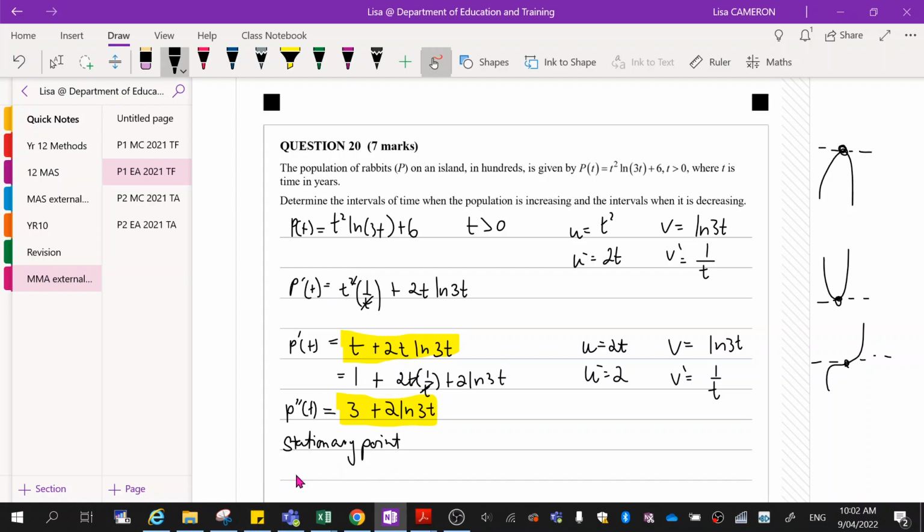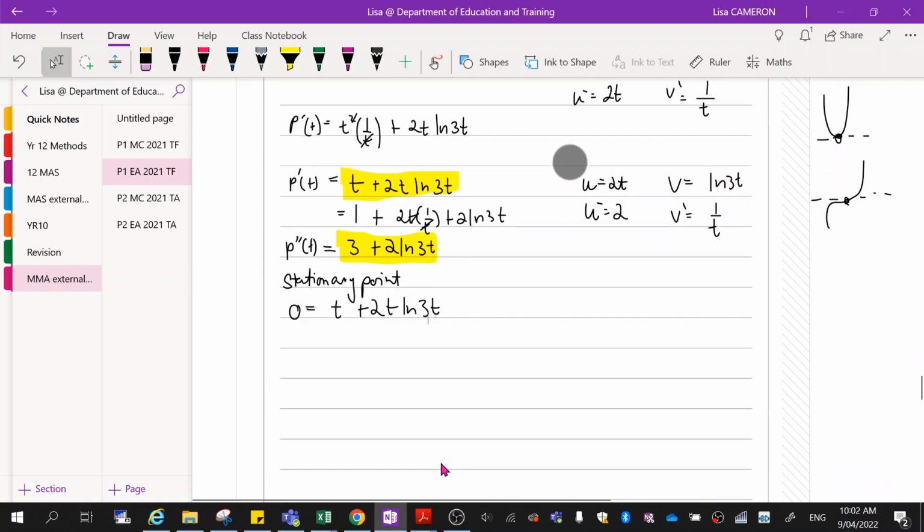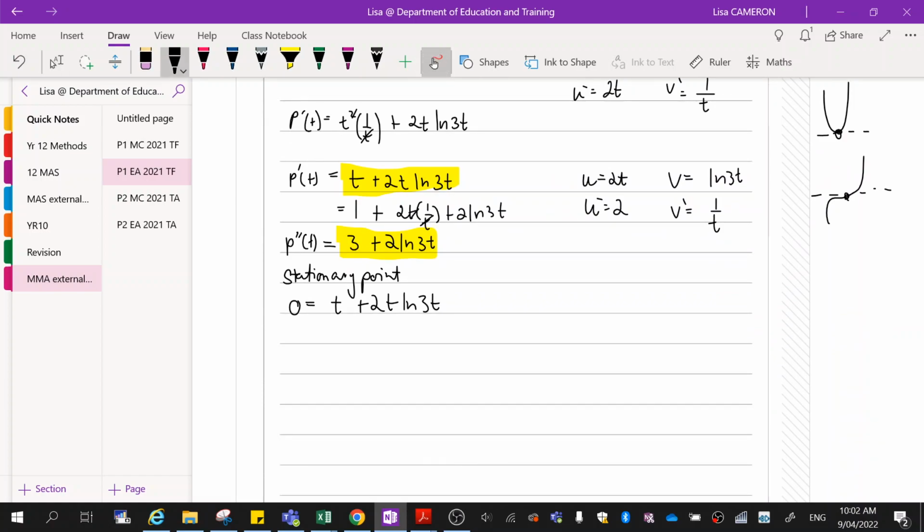So I'm going to let the first derivative equal 0: t plus 2t ln 3t equals 0. Okay, so first thing I'm going to do, move the t over. Now I'm going to take this across by dividing by 2t. The t's will cancel out. I'm left with negative a half is equal to ln 3t.